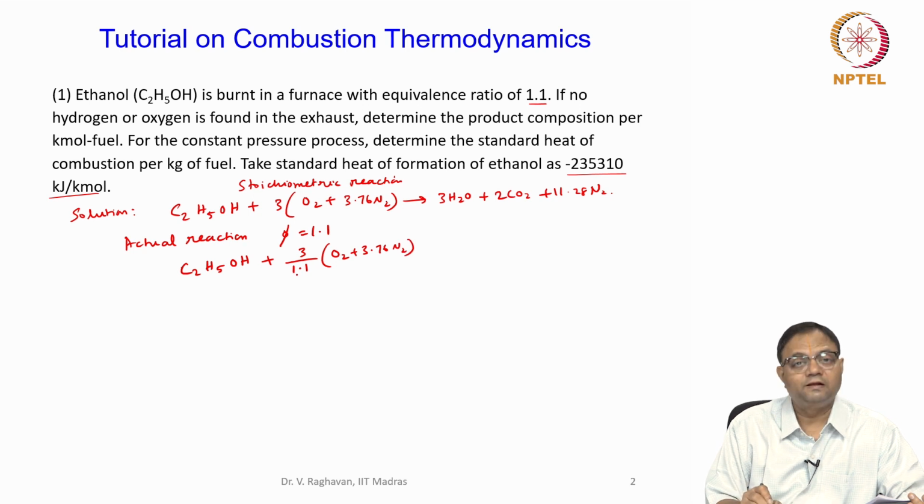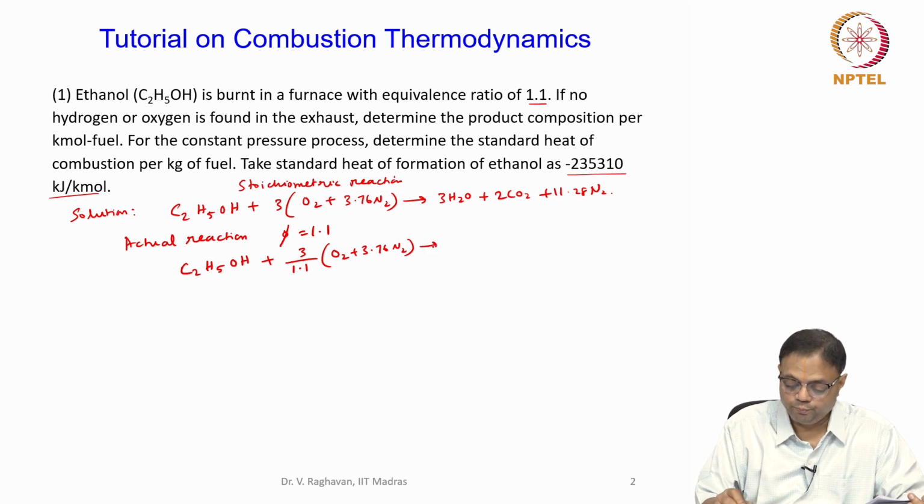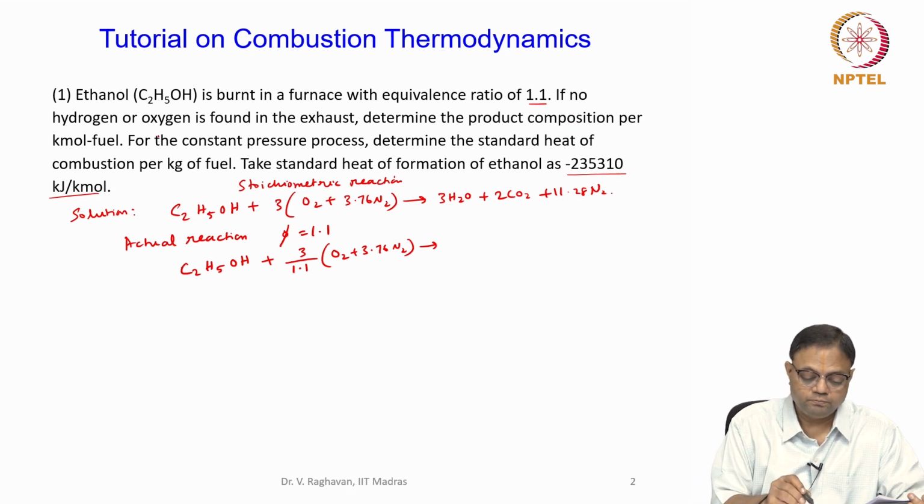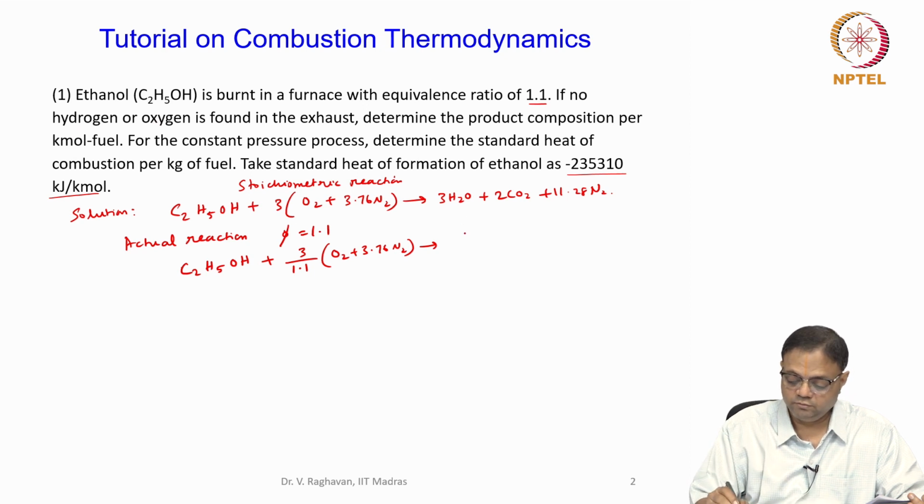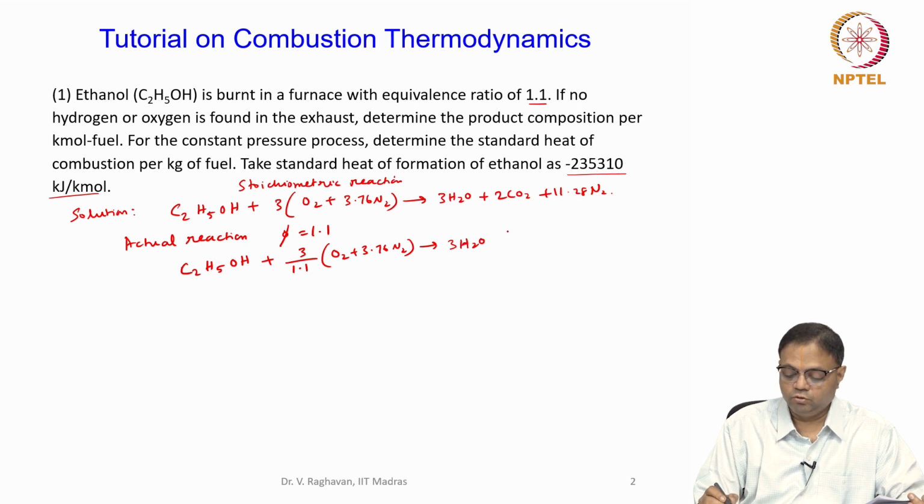So we are supplying less air than the stoichiometric value. Now here it is given that the product composition has no hydrogen or oxygen. So that means hydrogen has fully converted into H2O. So I can write this. But all the carbon is not fully converted to CO2.